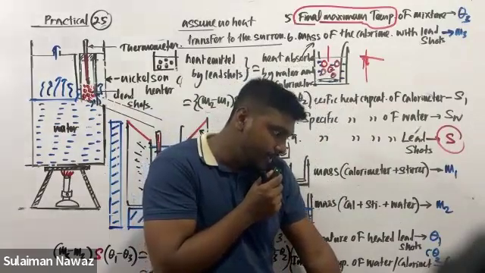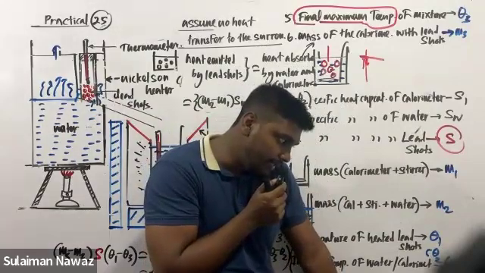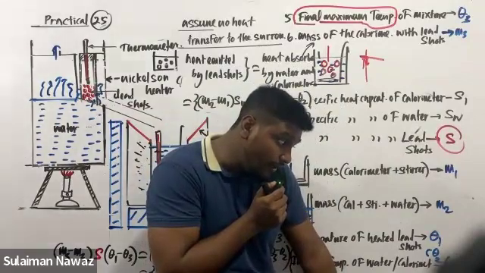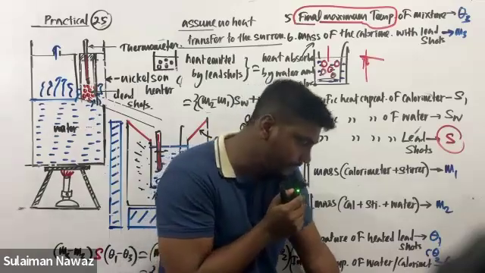Next point: the calorimeter should only be brought near the Nicholson heater for the short time needed to exchange the lead shots. Even then, an insulating plate is placed between them to prevent the heat of the hot Nicholson heater from reaching the calorimeter during that short time.